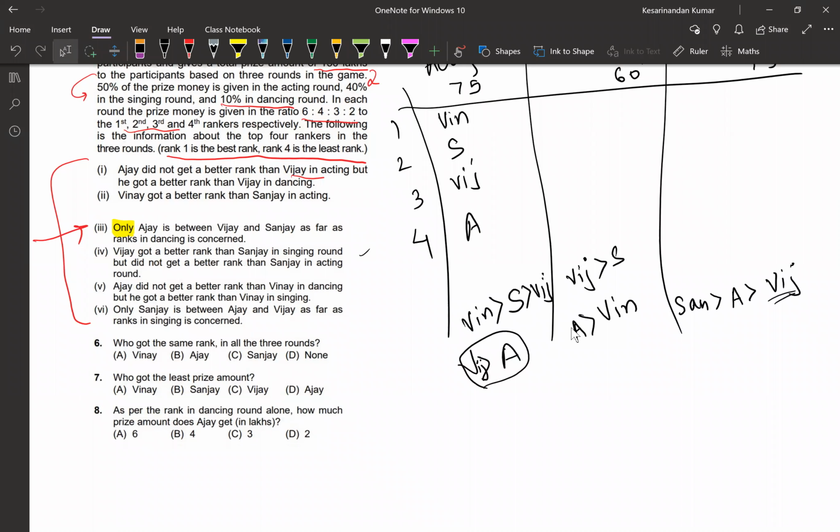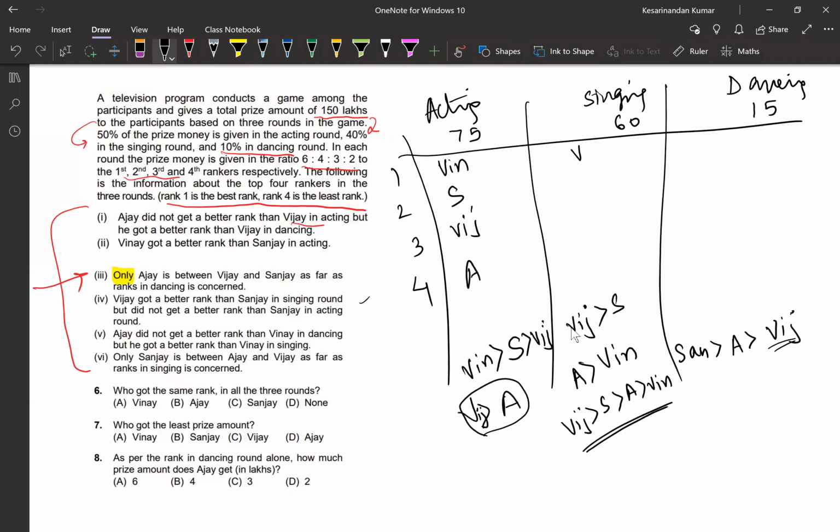Only Sanjay is between Ajay and Vijay in singing. So I have Vijay, then Sanjay, then Ajay, and finally Vinay.